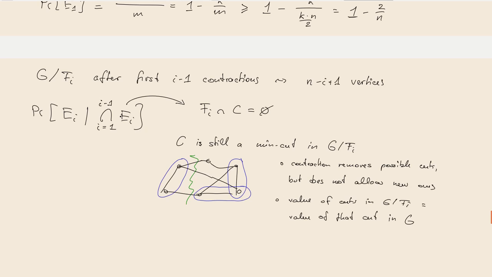So in this case, that all these events up to now are true, which means we haven't used any of the good edges from C as contraction, then this cut that we have in mind is still an optimal cut for the intermediate graph.